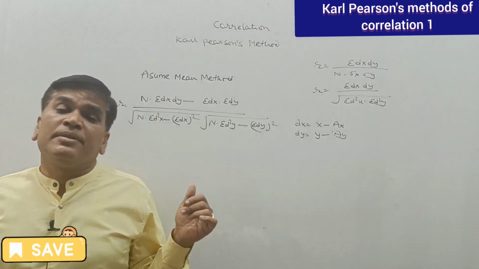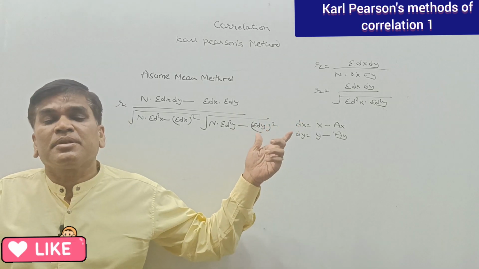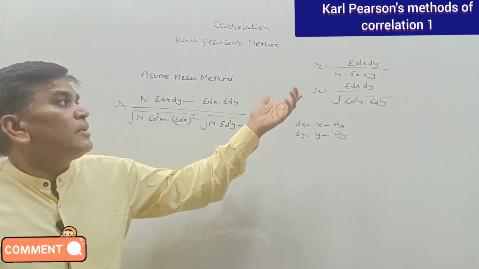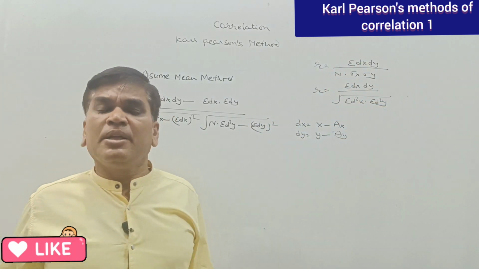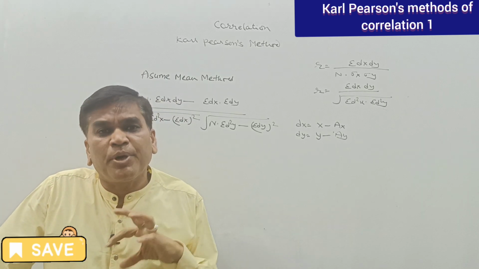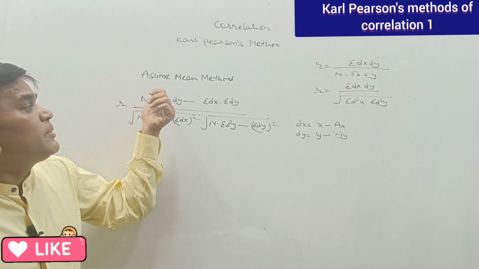In case we get x bar or y bar as whole numbers, no problem at all, we can use the direct formula. But if the arithmetic means of x and y are in decimals, then we can use the assumed mean method.